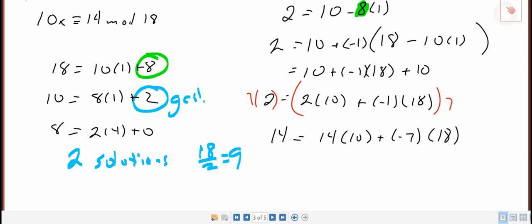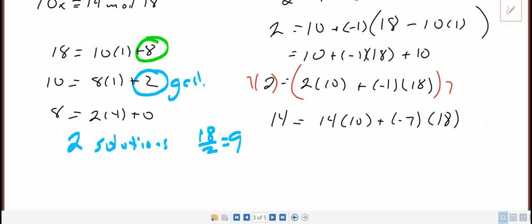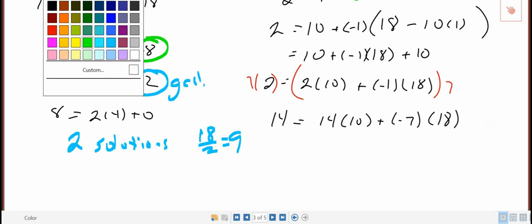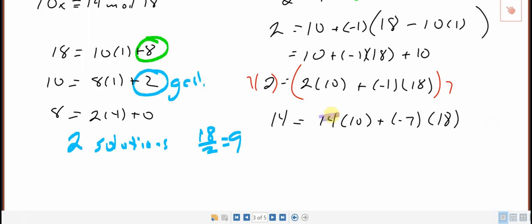And I always check stuff, when I can. So this tells me my first solution, then my modulus was 18, and it was 10 times something. Okay. So the 10 times 14, that is my first solution.